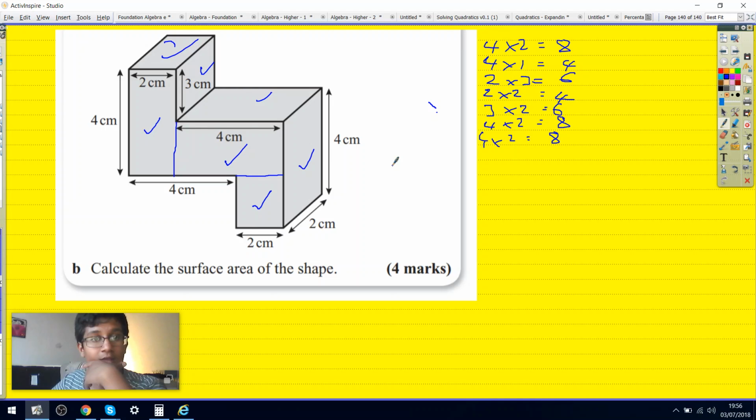So I'll put 2 in a bracket: 8 plus 4 plus 6, which gives us 88 cm squared.